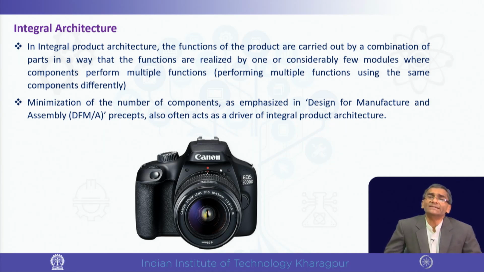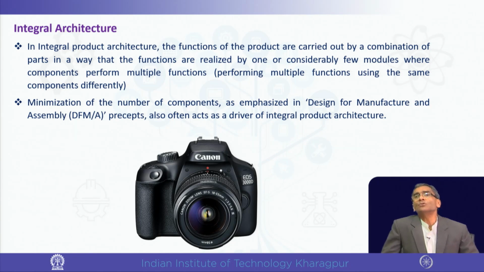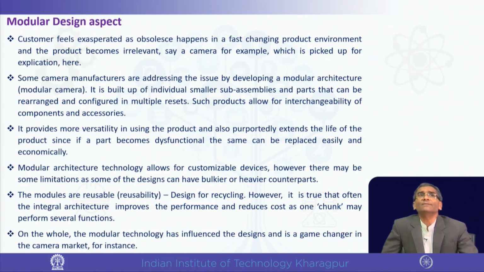So, it is rather more compact, and the number of modules is either one or very few, and it actually minimizes the number of parts and also the cost due to that, but it loses out on certain flexibility, the advantage we will discuss just now of the modular design. But both have some advantages here or there. So, these are some advantages on the performance and cost, but in modular design the flexibility is there.